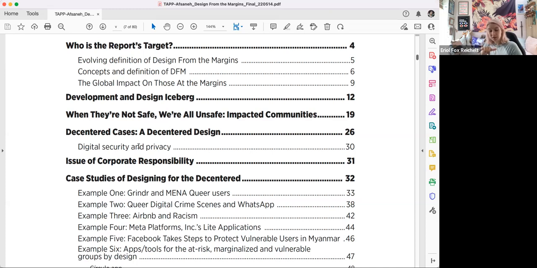My understanding is that because the decentered cases are on the furthest fringes of the most accessed use case, if you design for them, you cover marginalized cases and also the typical use cases, so that you're designing for the most difficult, quote unquote, cases, which then encapsulates all the rest.